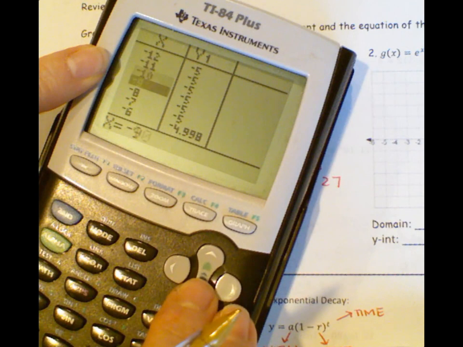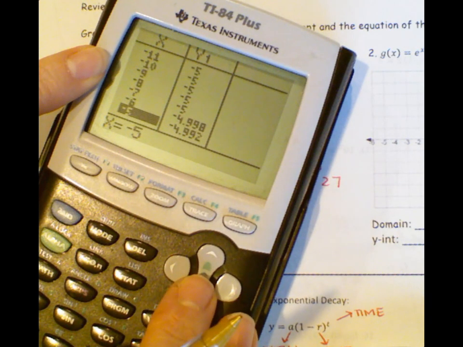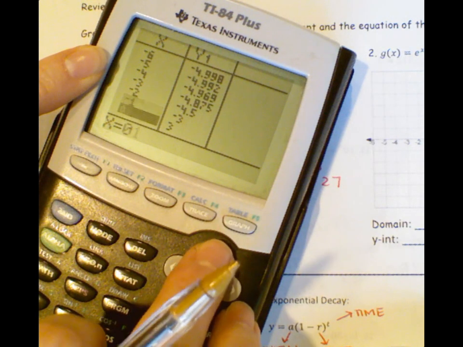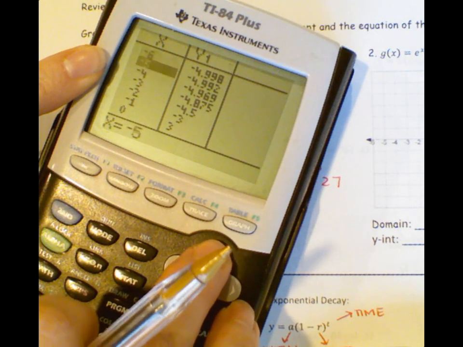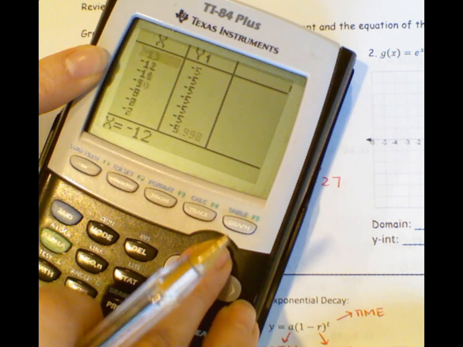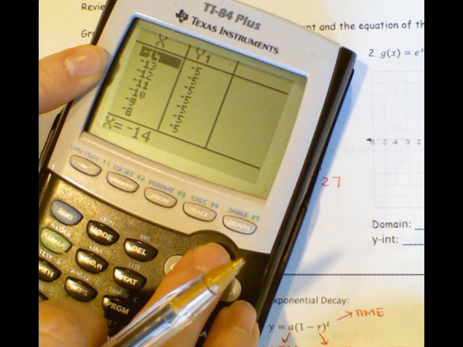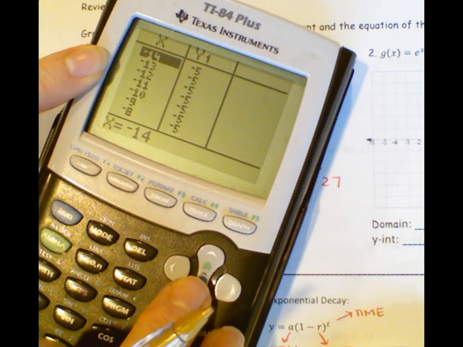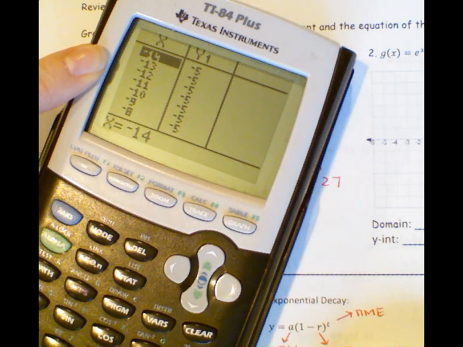See how it gets closer and closer and closer to -5? So -5 is going to be your asymptote.